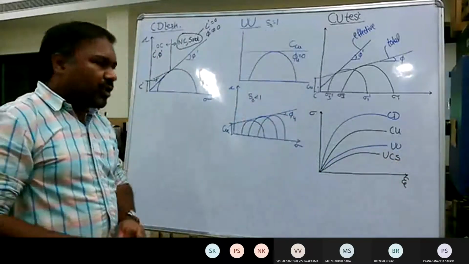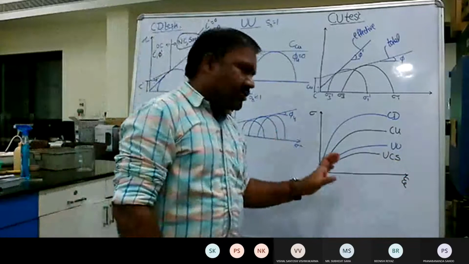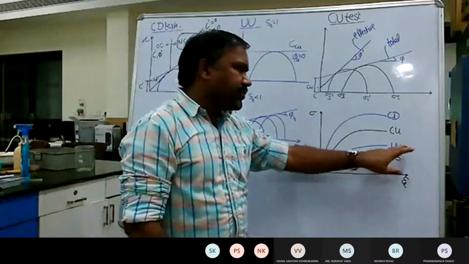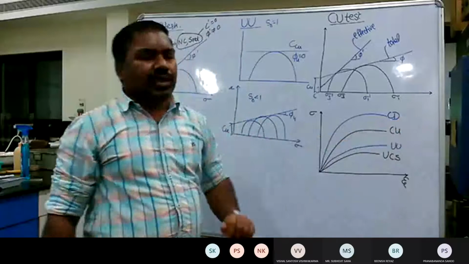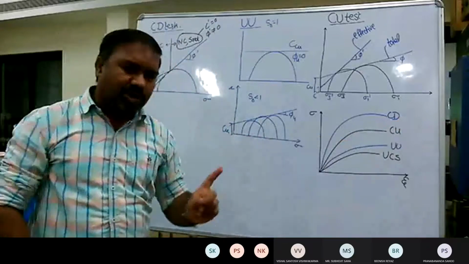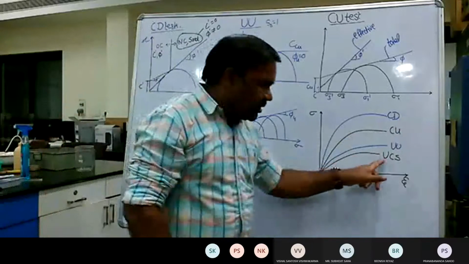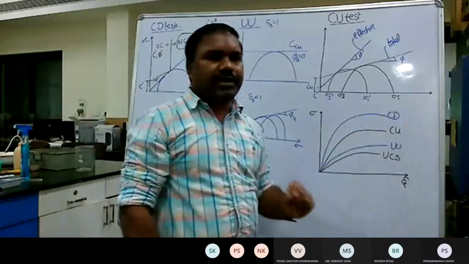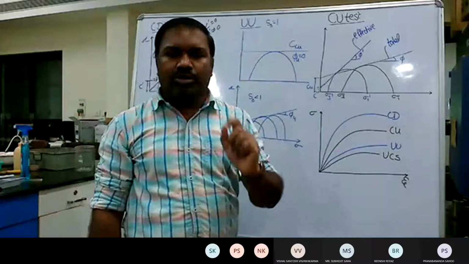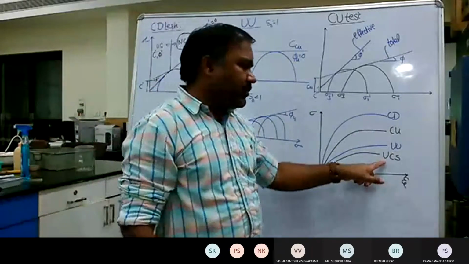Okay, so if you compile the stress strain graphs obtained from UCS, UU, CU and CD, for the same soil sample, UCS will always yield the lowest possible strength of that particular soil sample.